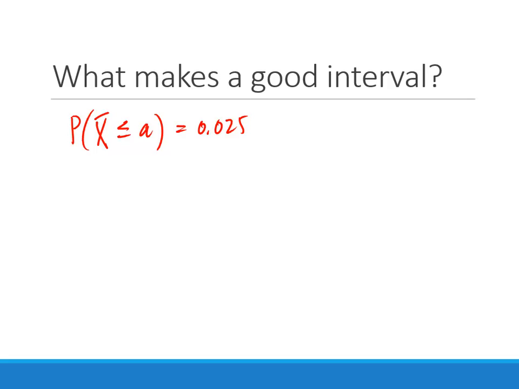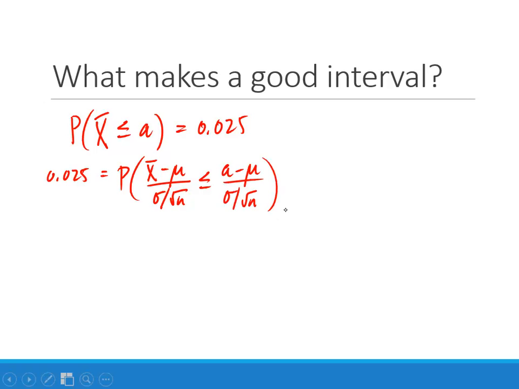Okay, so how do I do this? Well, you're going to do the usual thing. I'm going to standardize this. So I want 0.025 to equal the probability that my sample mean, standardized, so x bar minus mu divided by sigma over the square root of n, is less than or equal to A minus mu, divided by sigma over the square root of n.